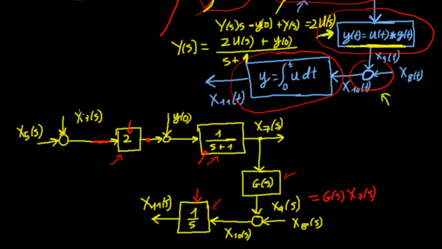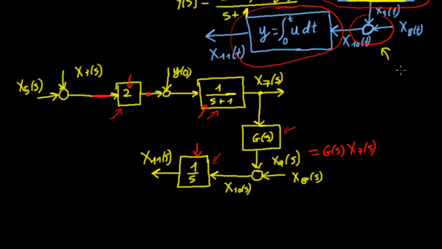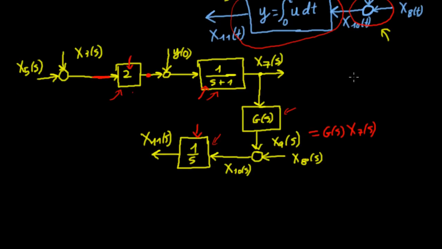And now that we are in the s world, we can benefit from all the nice properties of the Laplace transform, and in particular we can perform the so-called block operations that allow us to simplify the block diagram and find the relations between each input and each output.